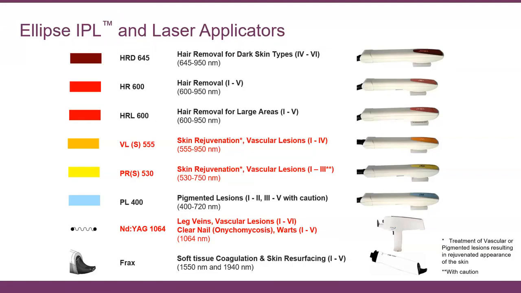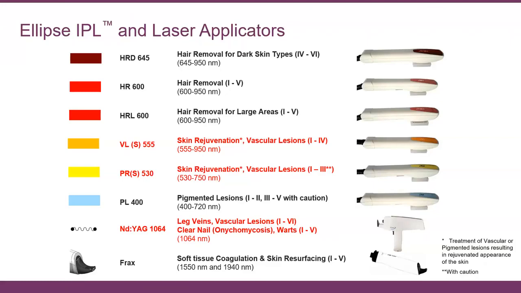The PR handpiece, which we call a 530, starts slightly lower down the range at 530. Because that's a shorter wavelength, the absorption is going to be slightly more superficial in the tissue, and we use those characteristics to determine which of these two handpieces we're going to use to treat certain vascular conditions.